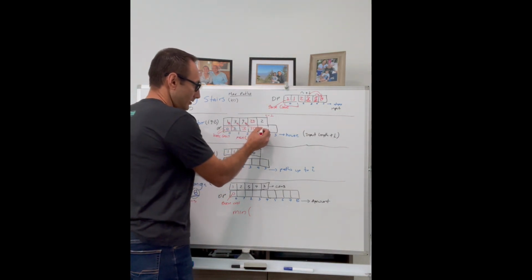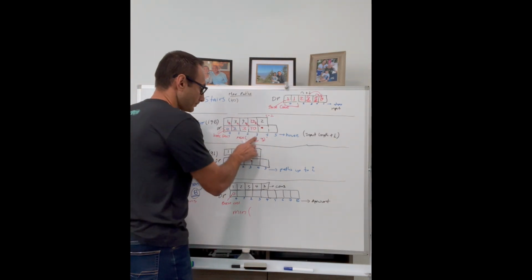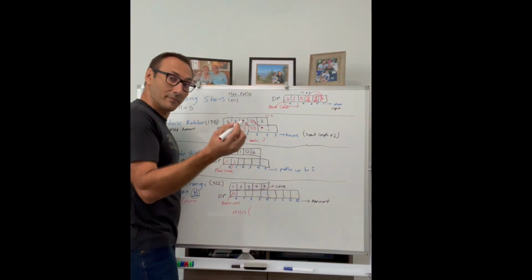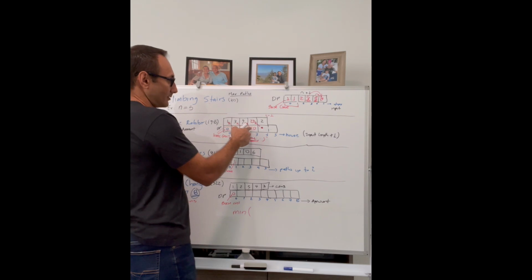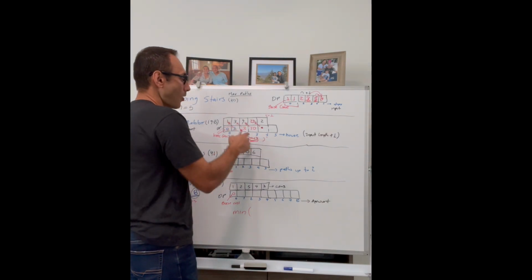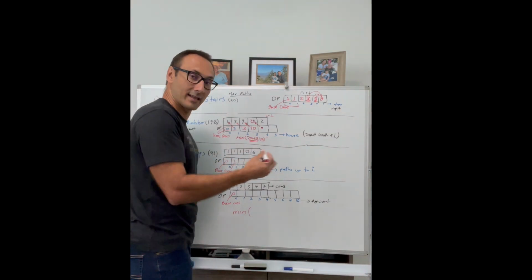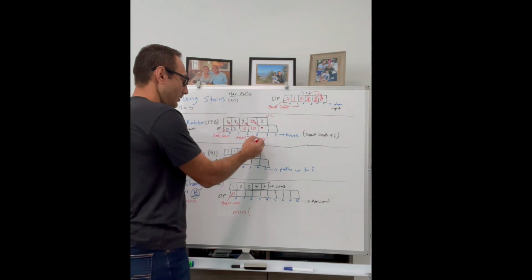So this is the present. Is it better to get the current house plus whatever I had before, 3, or the money I had in the previous house? Of course 23 is better.